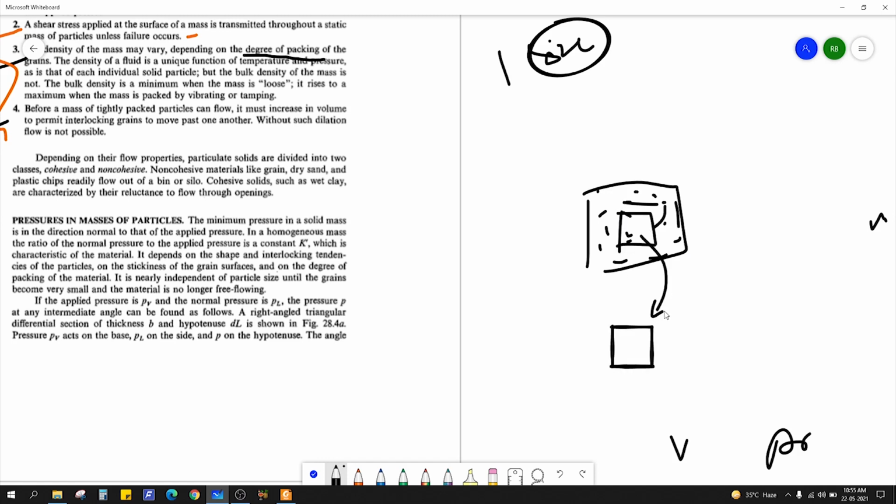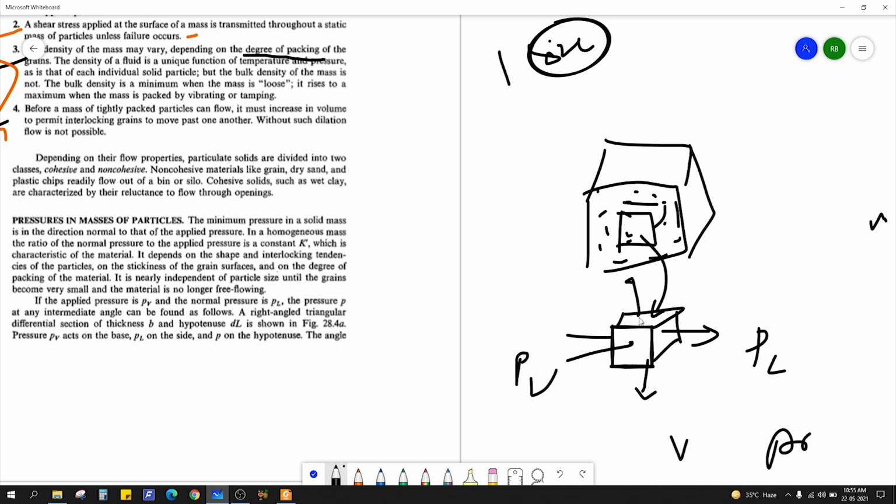I have taken a small section of this. This is in 3D, so this small section will also be in 3D. So if I apply a pressure, let's say in this direction, the applied pressure PV, so the minimum pressure will be in 90 degree directions, right?